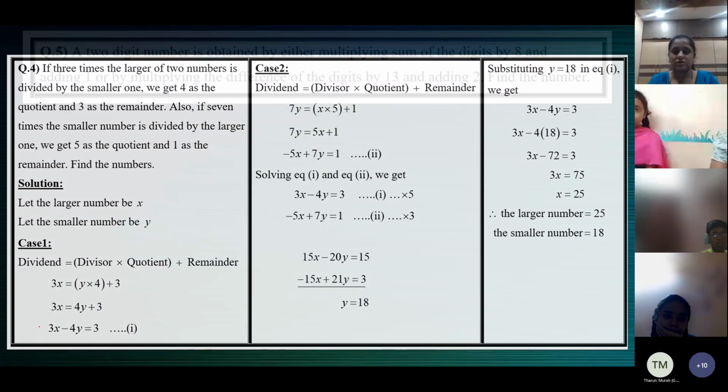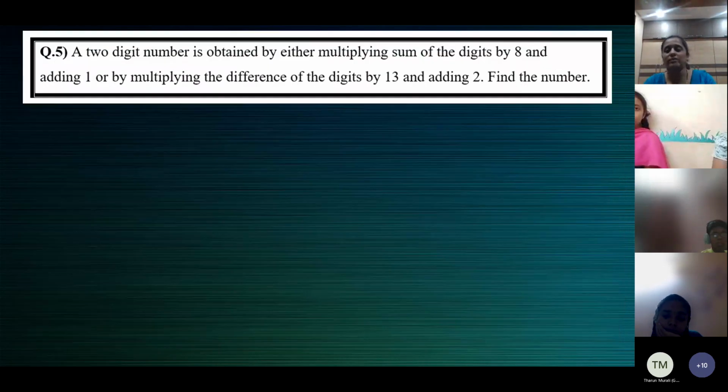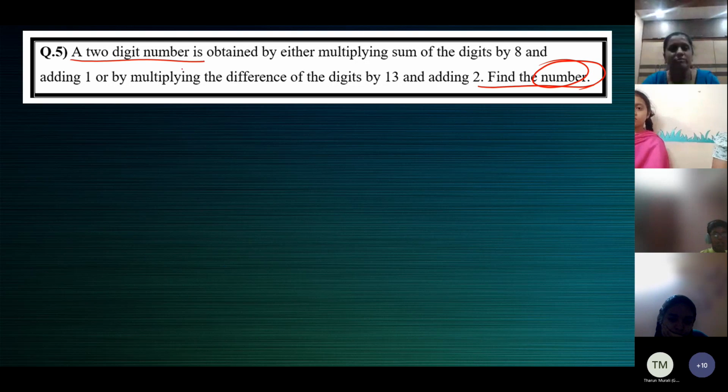But here it is about 1 number. Find the number. A 2-digit number, 1 number, which has 2 digits. So it can be 10, 11, anything from 10 to 99.